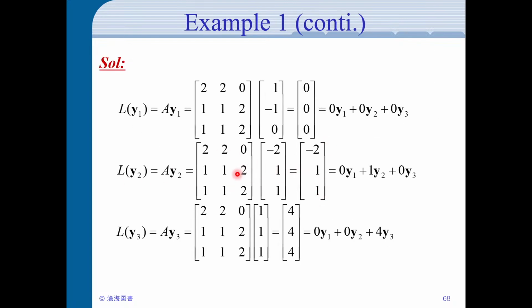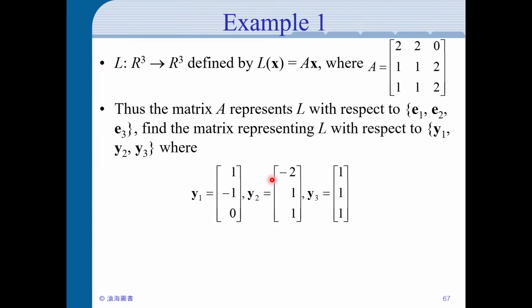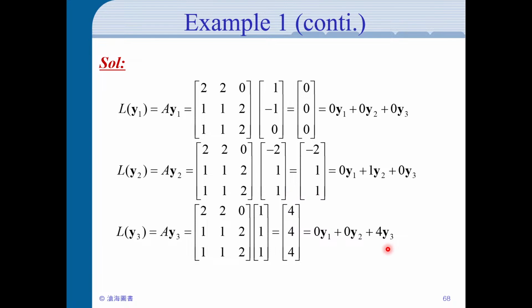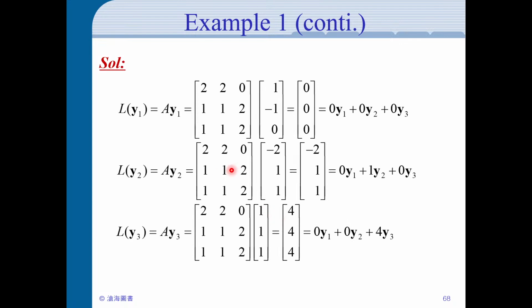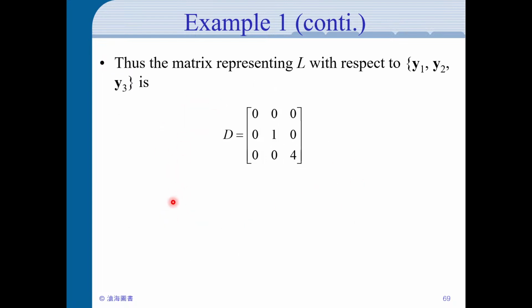So our example works out very nicely, because you find that they are exactly linear combinations of y1 to y3. Because this is 0, then obviously it's all 0. And this one is exactly y2, and this is exactly 4 times y3. So we don't need to do anything hard for the inverse transformation part; we don't even need to find S minus 1 here. Our transformation has a nice diagonal form: 0, 1, 4 on the diagonal, and 0 everywhere else.